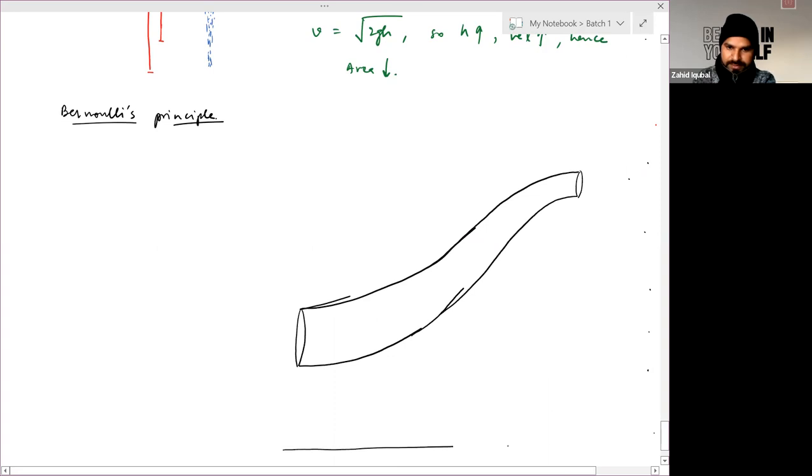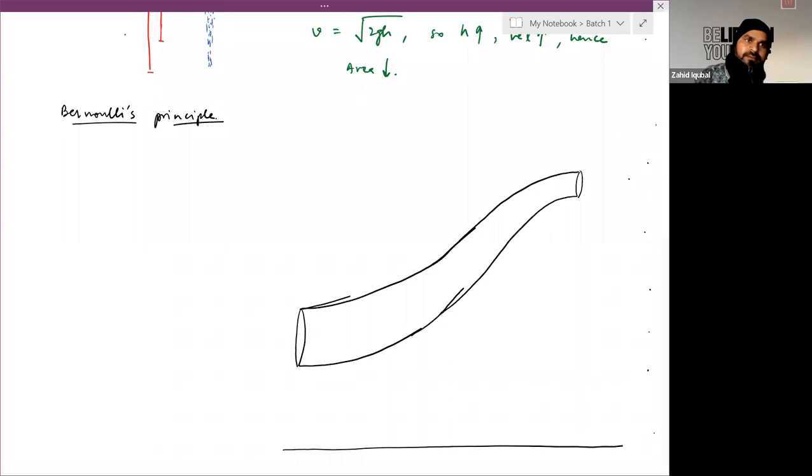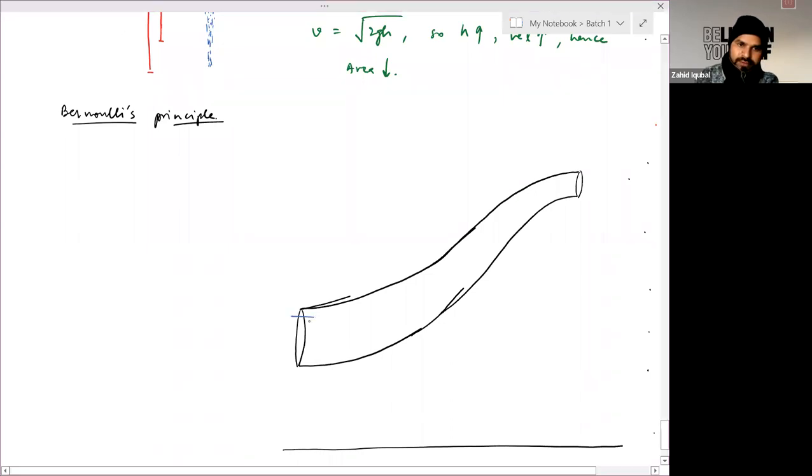Let's say this is horizontal level and velocity of liquid at this instant is V1, area of cross section A1, area of cross section at this instant A2, velocity of liquid at this instant is V2.